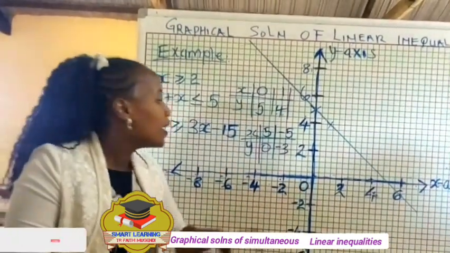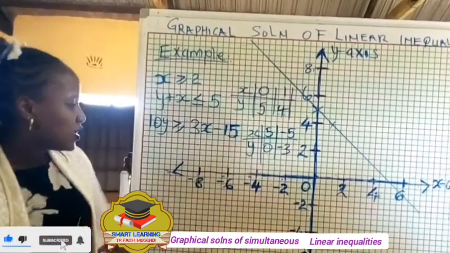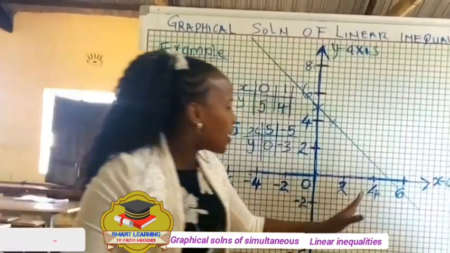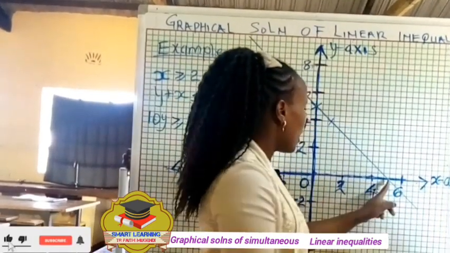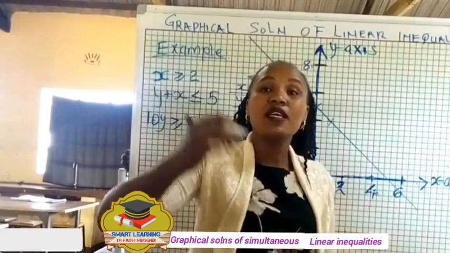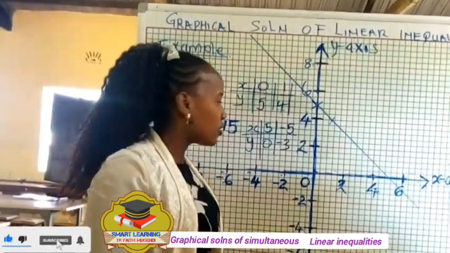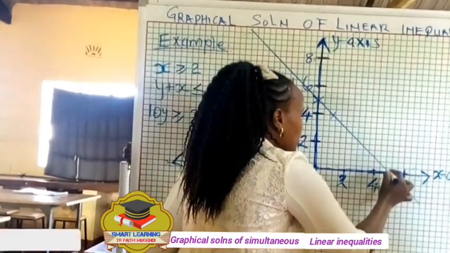Very good. Now we are going to plot 5, 0. So where is our 5? In between 4 and 6, here. And then 0. The x-axis is y equals 0, you remember in our previous lesson? Yes. So this point will be exactly there.